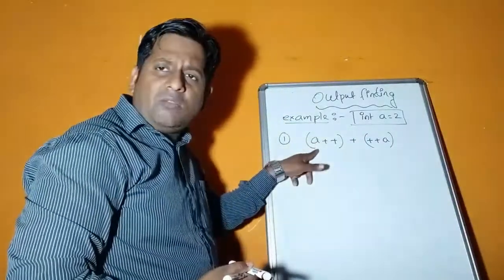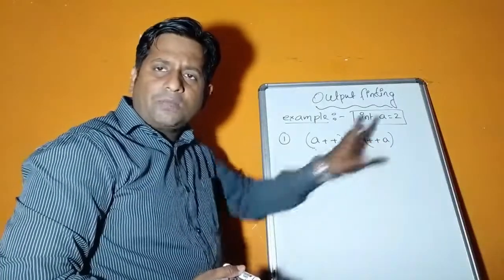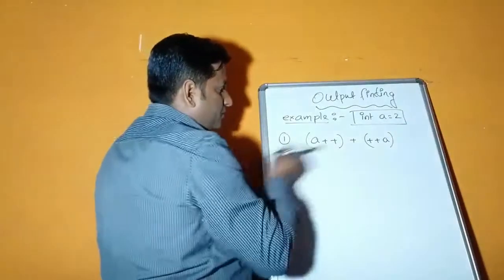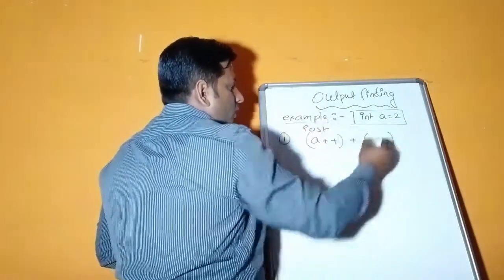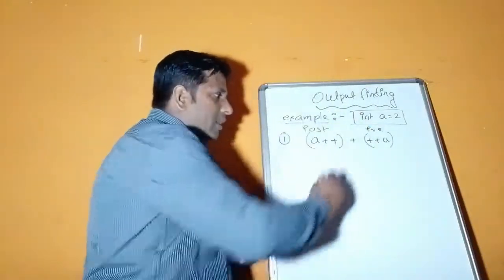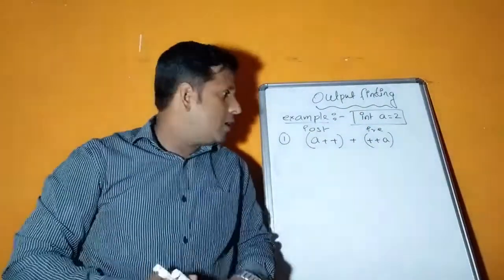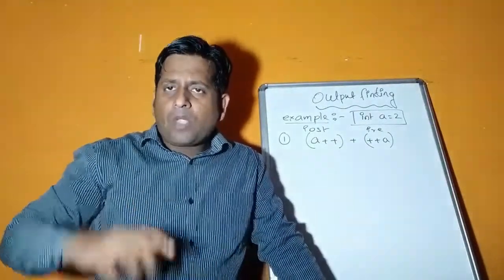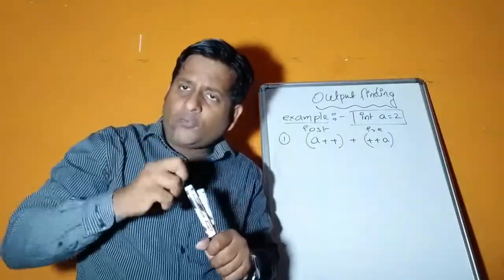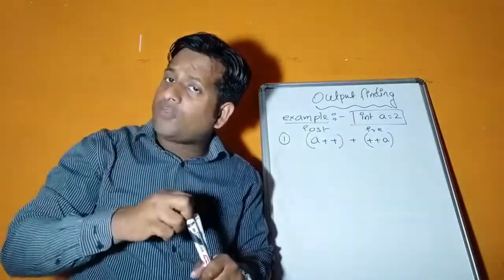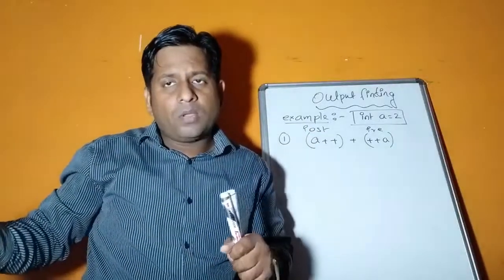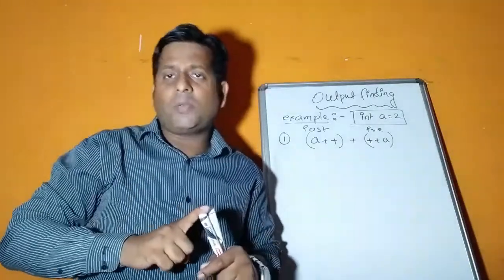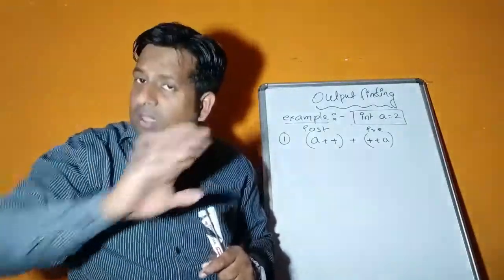Now this becomes a single variable, as does this. Here what we have: this one is post, this one is pre, and this plus means single addition. One more point you need to remember: always the value of a variable will be the previous one, not the actual one.